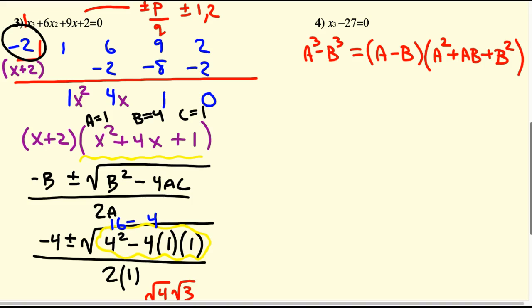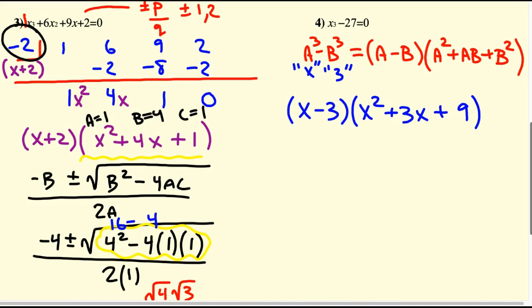Okay, so my a in this case is the cube root of x, so my a is going to be x, and my b is going to be the cube root of 27, which is 3. So everywhere I see an a, I put an x, everywhere I see a b, I put a 3. So this factors like x minus 3 times x squared plus 3x plus 9.